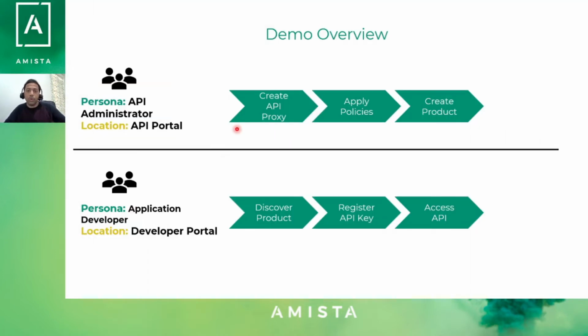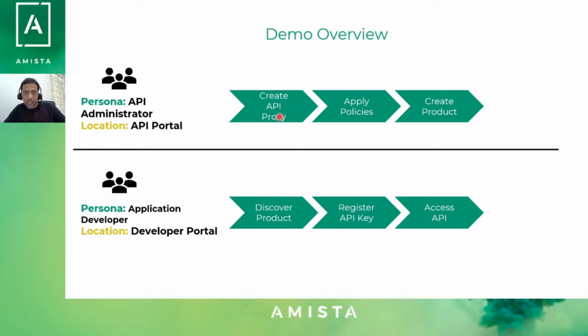So let us go through an overview of the demo that I'm going to show you in the next few minutes. The very first step is to log in to the API portal of SAP API Management as an API administrator or API developer, and create an API. Creating an API means creating an API proxy, which points to a backend system.